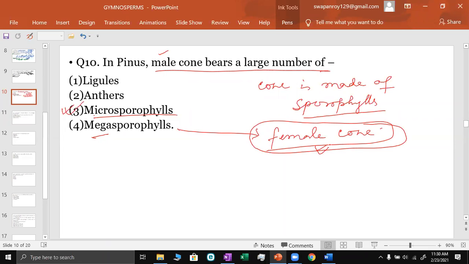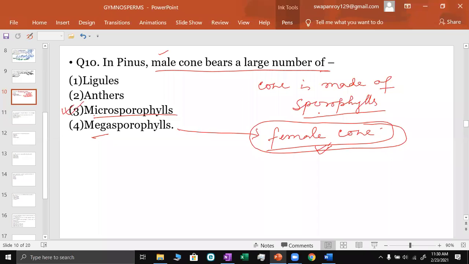Throughout the year these female cones are there, while the male cones are very small and produced in bunches during a certain period.